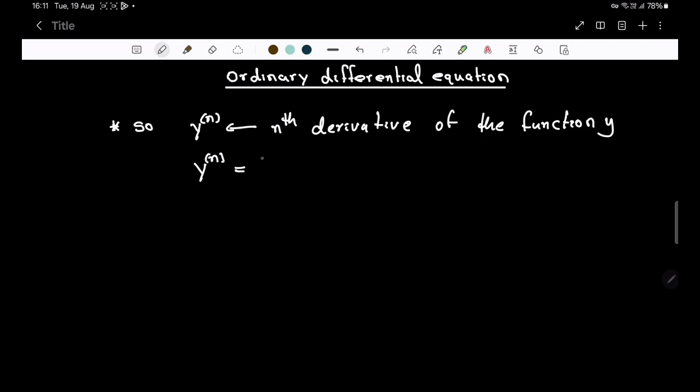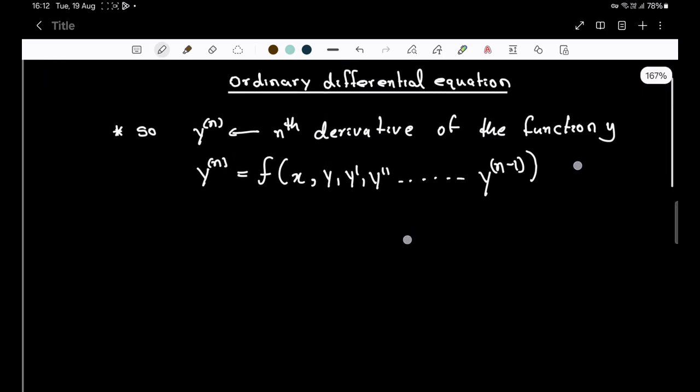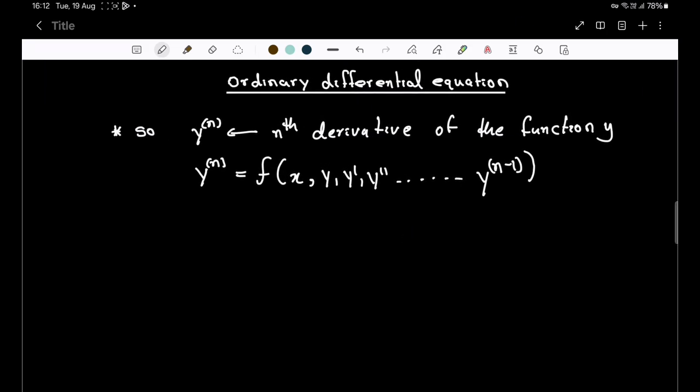So if the function y is formed with independent variable x, we can write y^(n) equals a function consisting of x, y, y prime, y double prime, and so on up to the derivative of y with respect to x, n minus 1 times. This is the independent variable.